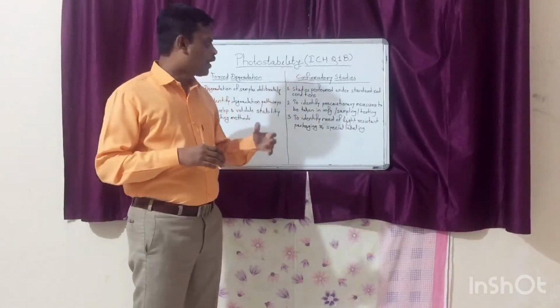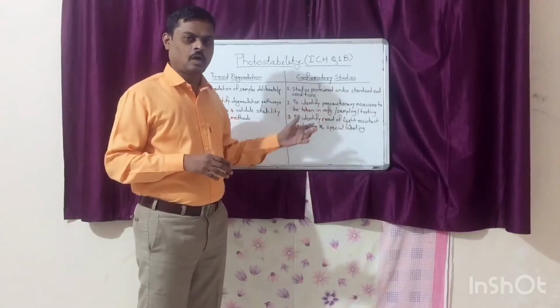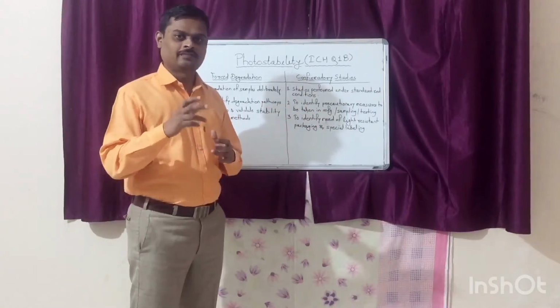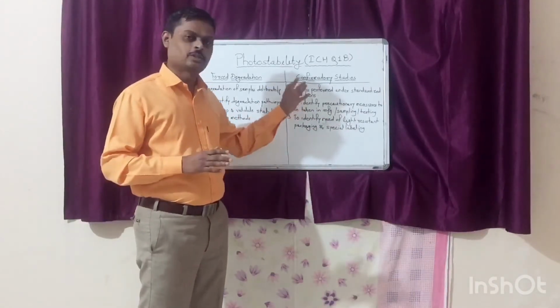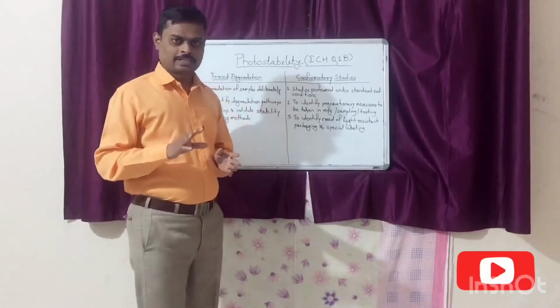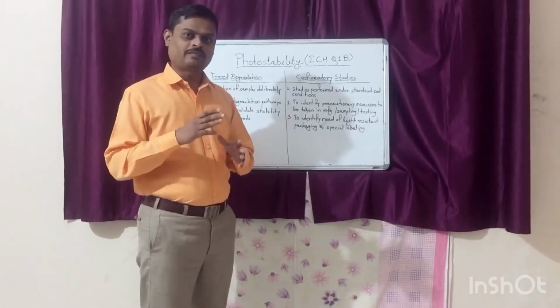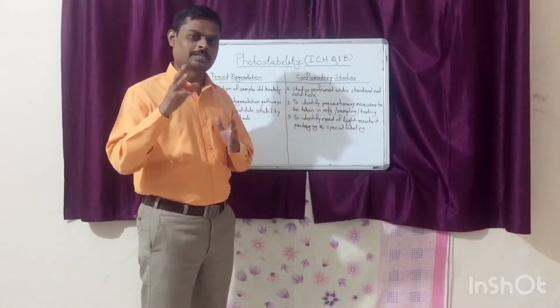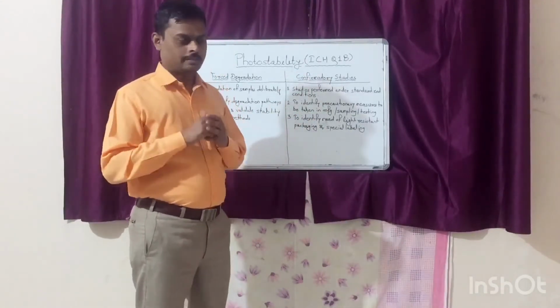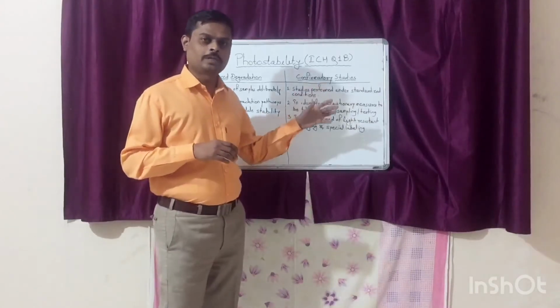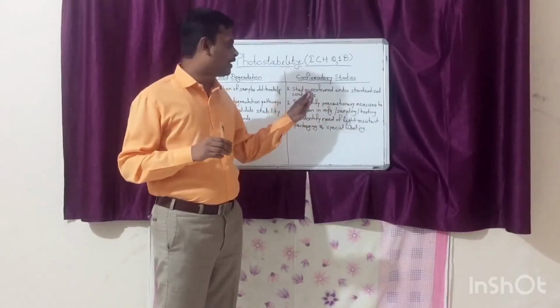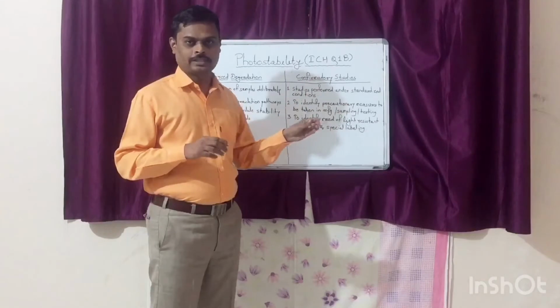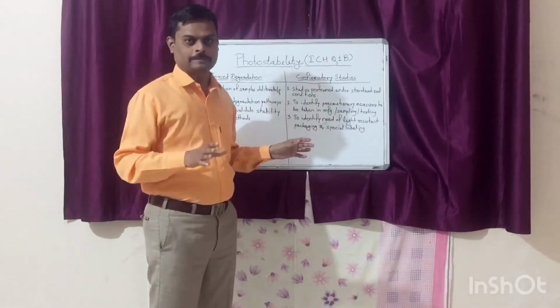So how to achieve these conditions, or how to identify the exposure period to achieve these conditions? Friends, you can find different types of photostability chambers in the market. A few chambers are automatic, where you can set the values of 1.2 million lux hours and 200 watt hours per square meter.